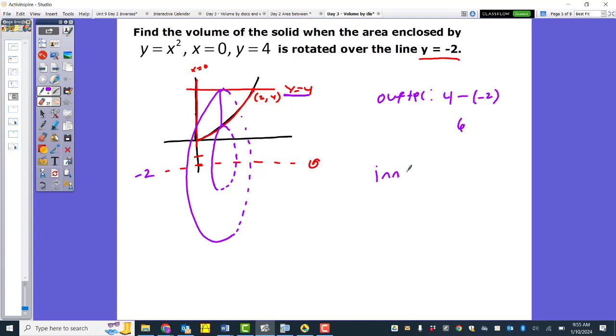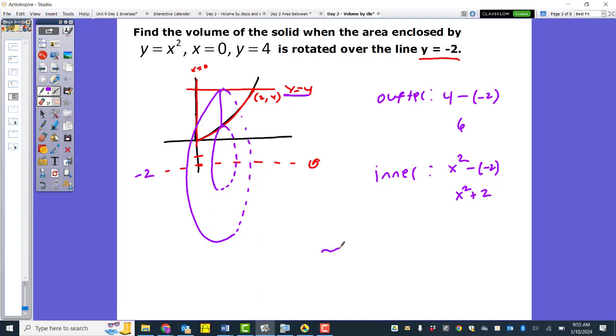The inner radius is the function x squared, but also minus our axis. The radius is going to be the distance from the function, this here, to the axis we're revolving around, to the center of that circle we're creating. So x squared minus -2, or x squared plus 2.